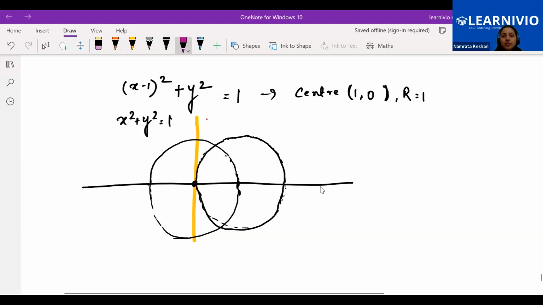Have you found the point of intersection? Yes, ma'am. Can you hear me?